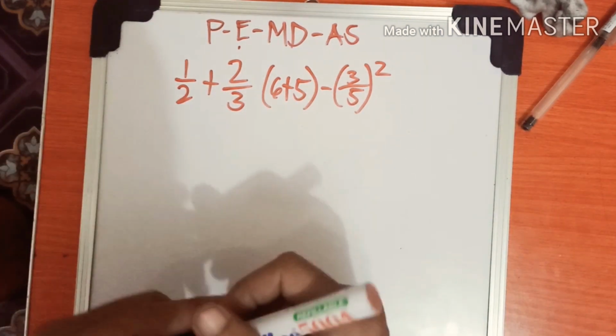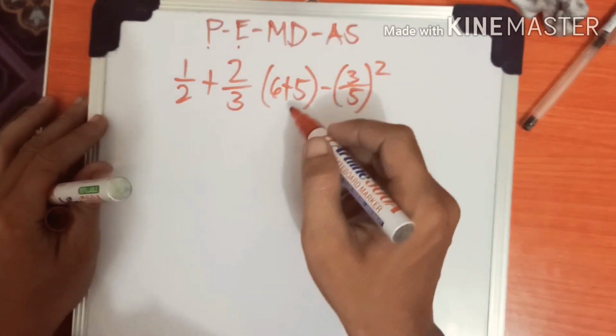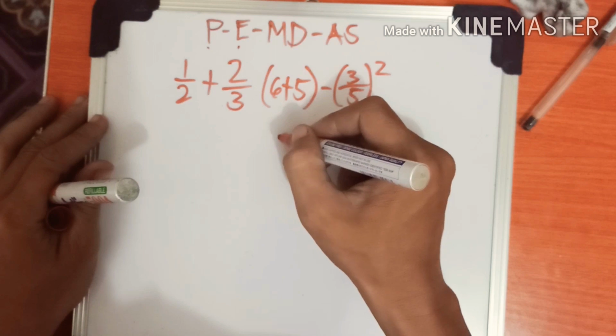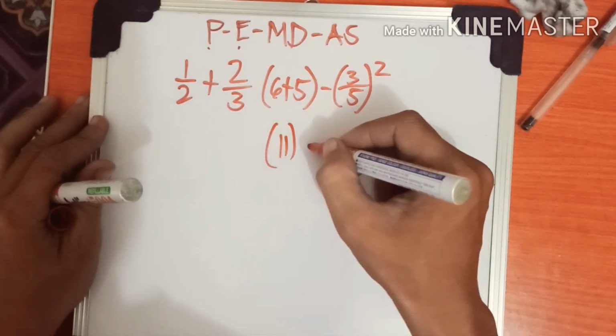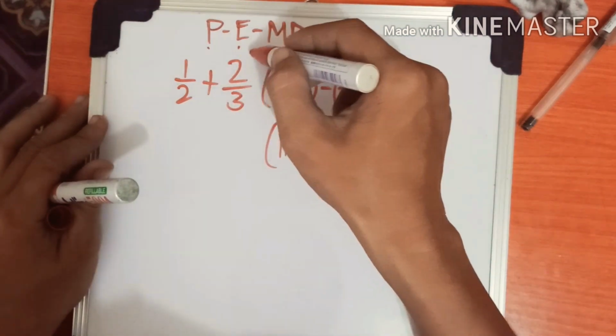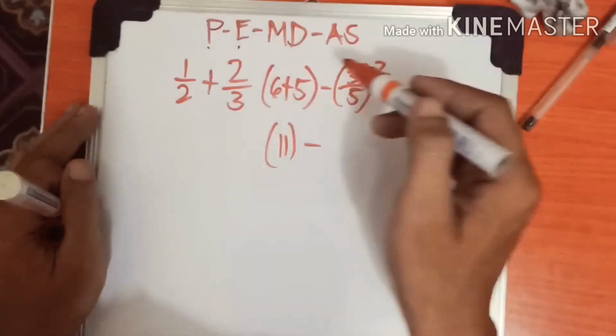Okay, so first we have to find the parentheses. So 6 plus 5, that is 11, and then copy the parentheses because we still have a number beside the parentheses.